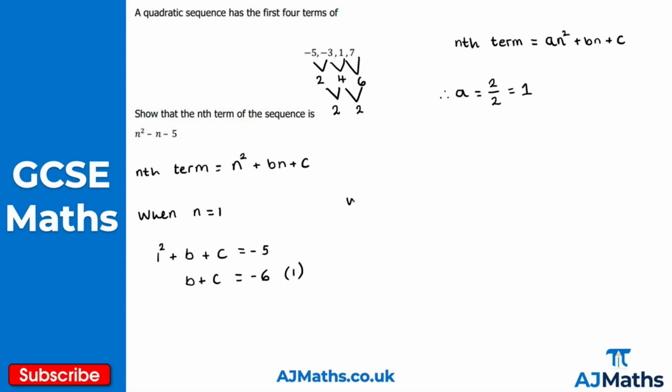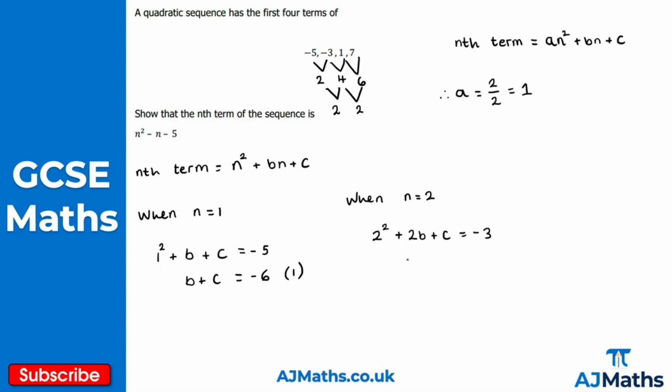I'm now going to do the same for when n equals 2. When n equals 2, we're going to get 2 squared, and then bn, so if n is 2, that's 2b, plus c, and that is equal to -3. Let's simplify.